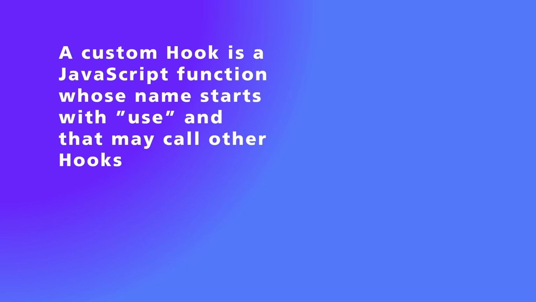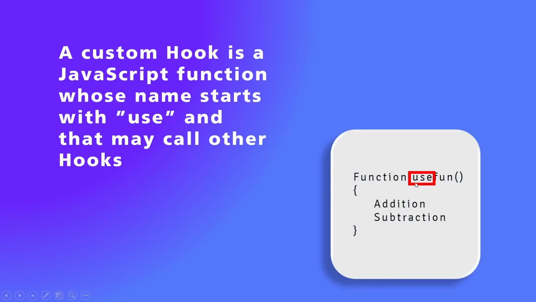So the core idea of this definition is when we create a custom hook, definitely we should use the keyword use. And we can use other hooks also. For example, here you can see the use keyword. We have to use this keyword before the function name.